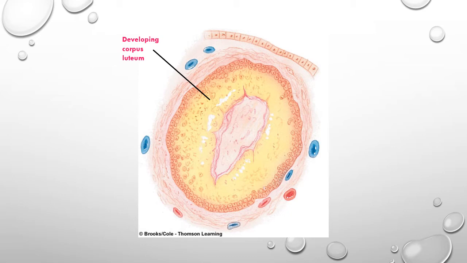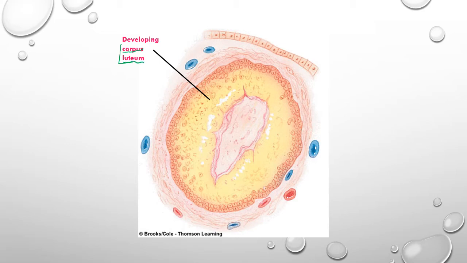And so it starts to make its way through some changes, and it starts to develop into what we call a corpus luteum. And so this is where luteinizing hormone comes into play. Luteinizing hormone, or LH, is going to continue to stimulate the follicle. And as it does so, the corpus, meaning body, and luteum, meaning yellow, describes essentially what it looks like.